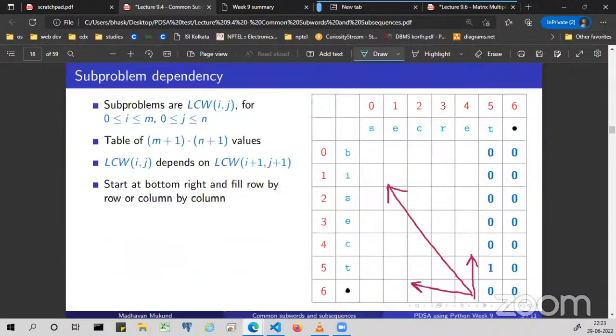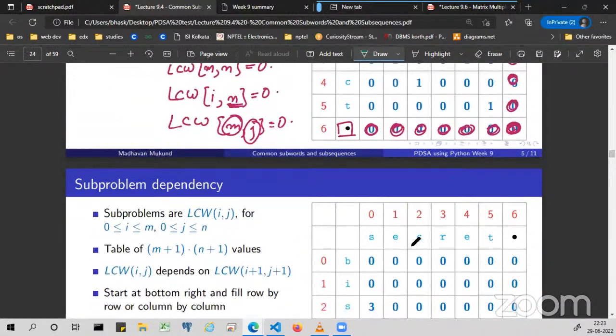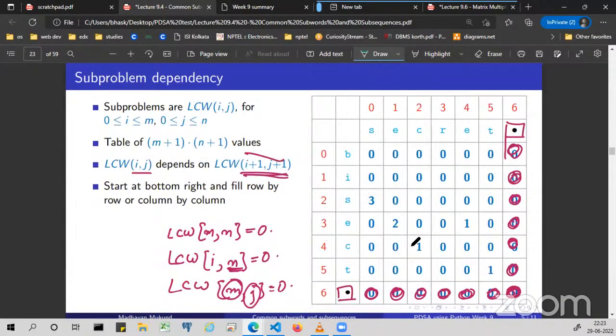And when you just check for this particular example, here we have got 3. Why did we get 3? We got 3 here because at first we got 1 here. Why? Because C and this C was a match. So when I came over here, I saw E and this E was also a match. So once this is a match, I would write 1 plus I plus 1, j plus 1, right?